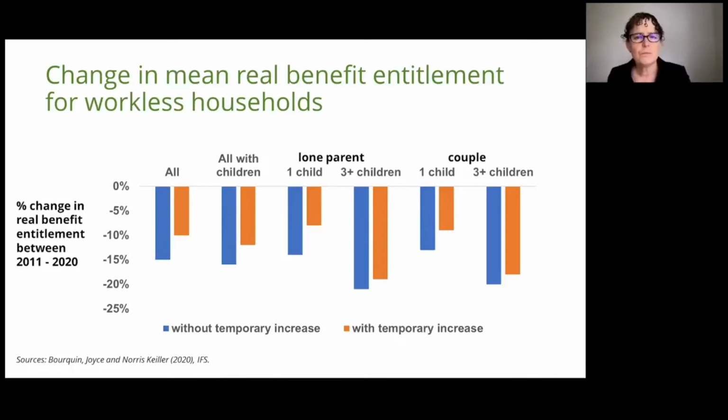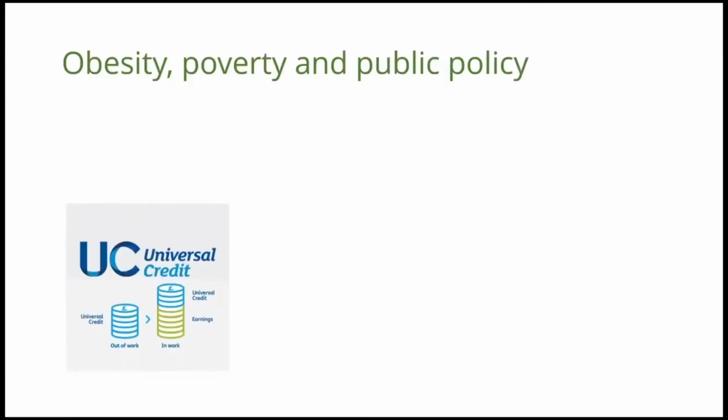So these cuts were partly due to the relatively high inflation rates experienced in that decade, combined with cash terms freezes in many benefits claimed by workless households. But they were also importantly to do with explicit reductions in the generosity that came along with the introduction of universal credit. So as I said, the temporary increases only partially unwind these, and they're temporary.